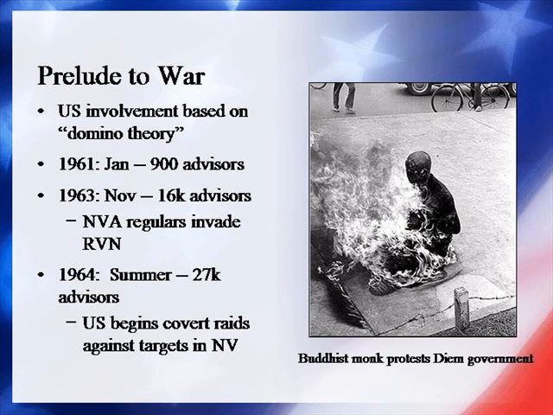There's about 900 of them. By 1963, we have about 16,000 advisors, and some of these are actually serving troops that are fighting alongside the ARVN. By 1964, we have 27,000 advisors, and we're actually starting to have some covert raids where we're going from the south of Vietnam into the north of Vietnam.